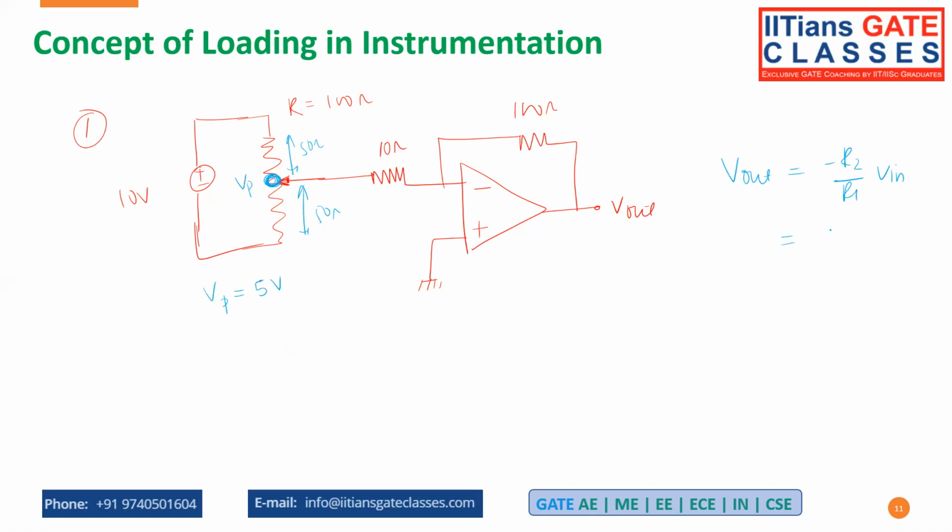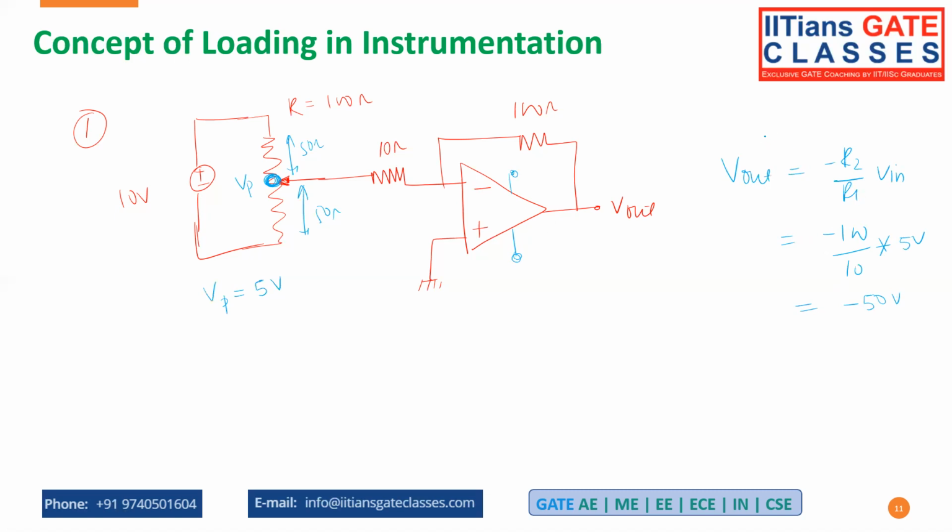R2 is 100 ohms, so it's minus 100 upon 10 into V input. V input is VP, which is 5 volts. What you get is minus 50 volts. As of now, do not consider the op amp saturation. This is just random data to understand the concept of loading.